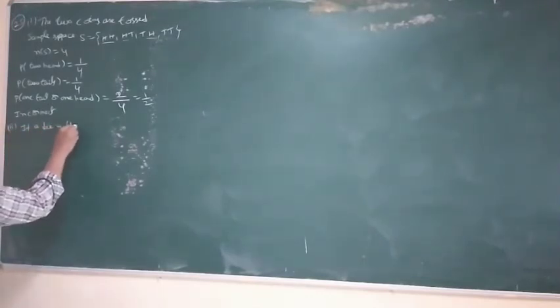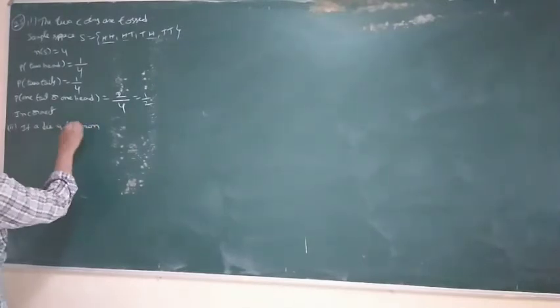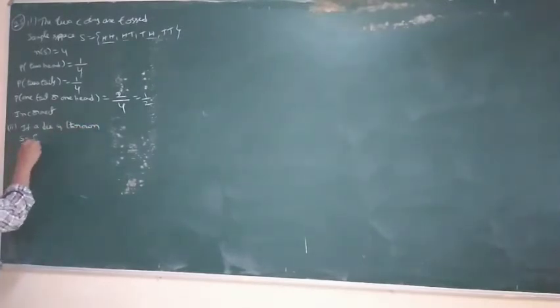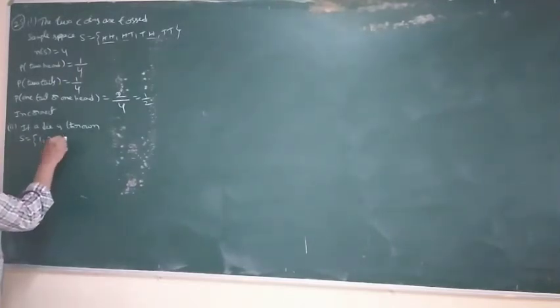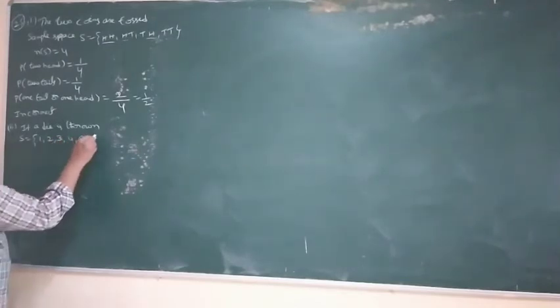Second one. If a die is thrown, the sample space S is 1, 2, 3, 4, 5, 6.